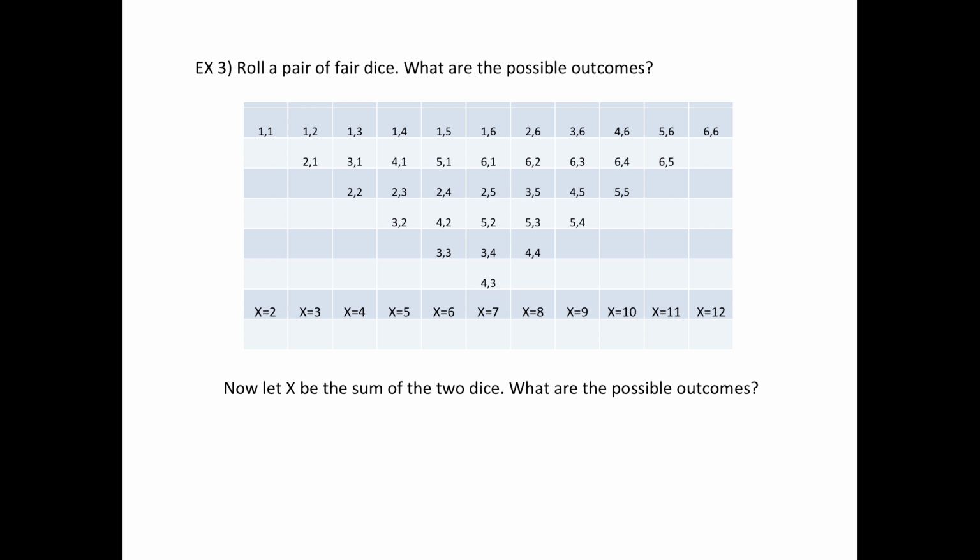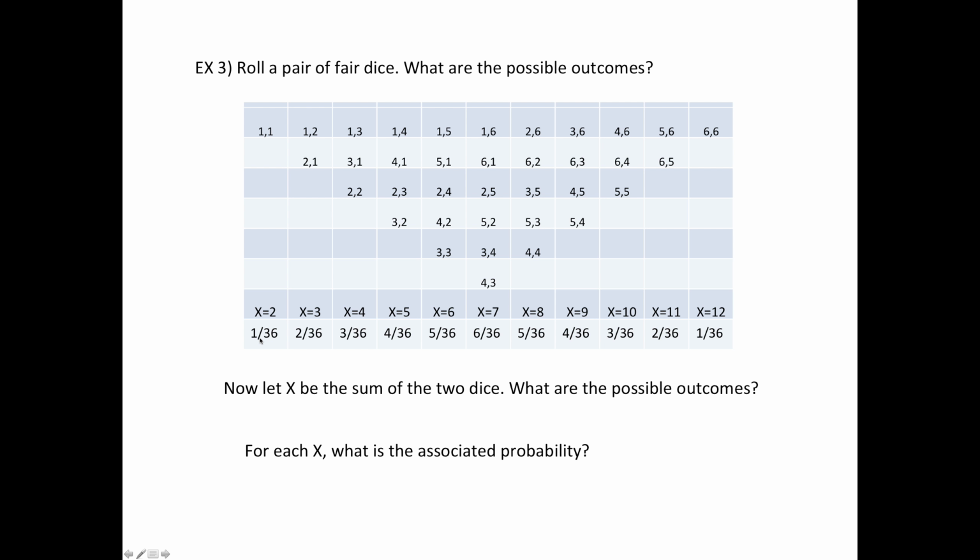Next, what are the probabilities? Well, since there are 36 possible in total, all of these are going to be out of 36. So this is only one possibility out of 36. The next one, 2 possibilities out of 36. And then 3, 4.